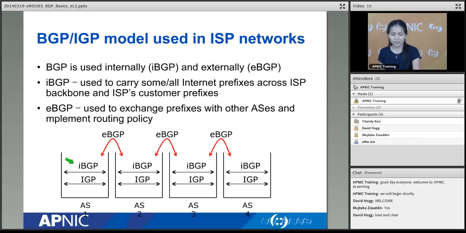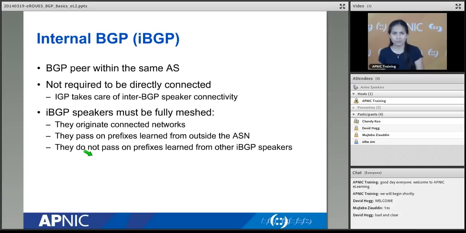But eBGP is what can be used to connect or exchange prefixes with other autonomous systems and implement certain routing policies between yourselves. Okay, we've already somehow looked at iBGP, which is preferred internally.